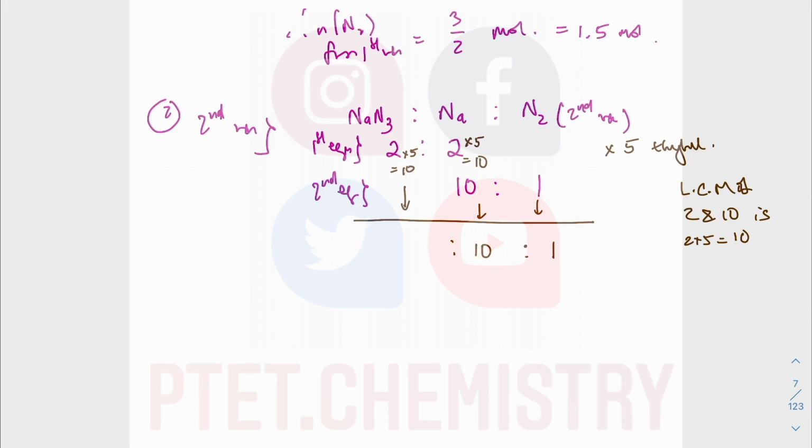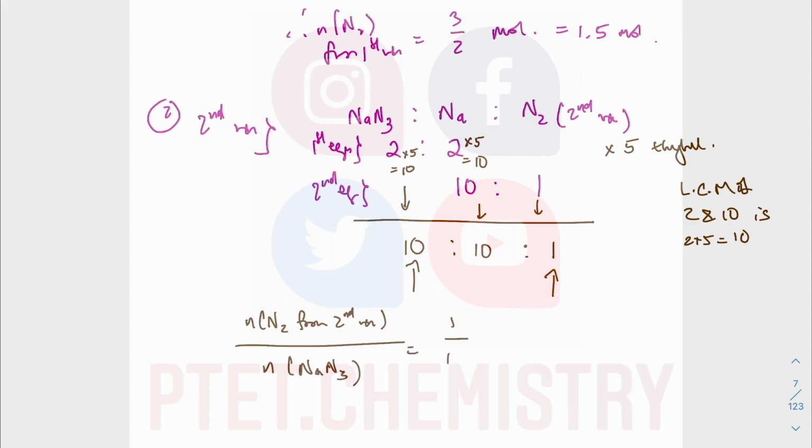And because that becomes 10 by multiplying by 5, I have to do the same on the right hand side. So 10 is to 10 is the same as 2 is to 2, which is the same as 1 is to 1. Guess what? I have the mole ratio of the NaN3 and N2. So the mole of N2 from the second reaction over the mole of NaN3 is going to be 1 is to 10.